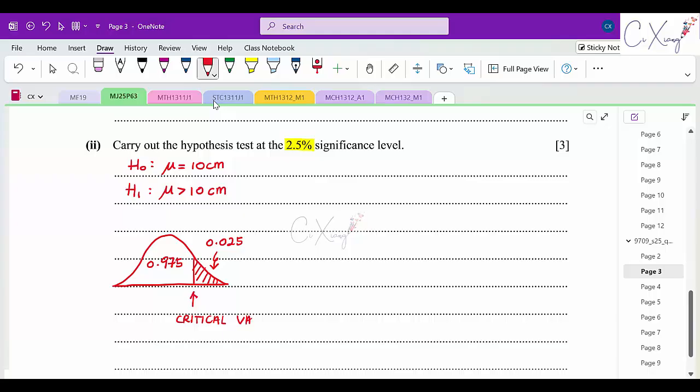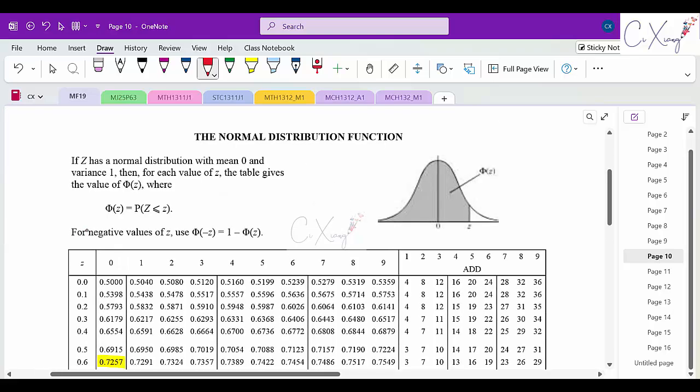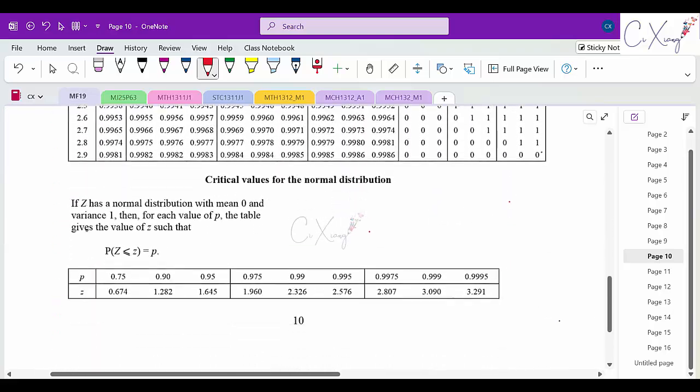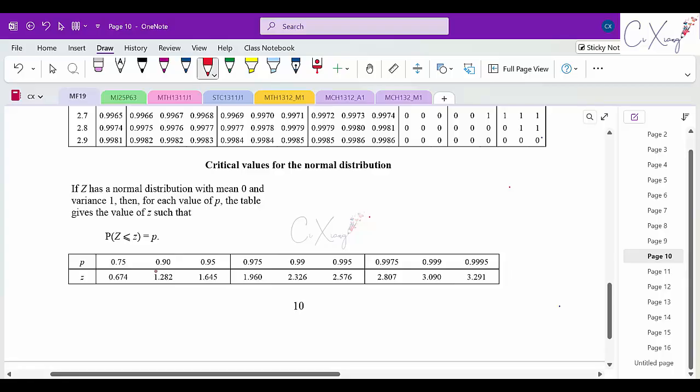Then let us look for the critical value. You need to find the value in the reverse way from the normal distribution table, but in the table, they don't give us the area 0.025 because it is too small. So we have to look for the complement area, which is 0.975. Then you go to the table part, scroll down to the bottom, because we have a shortcut table here.